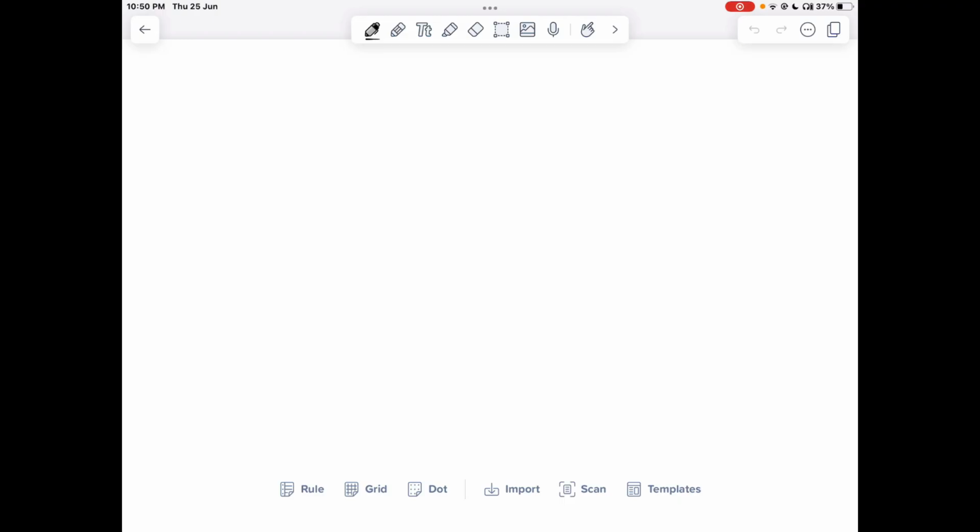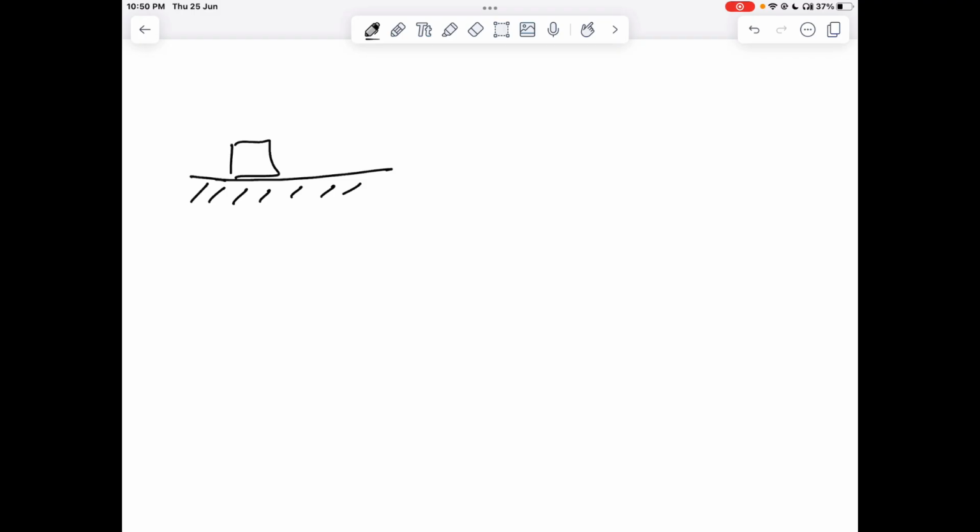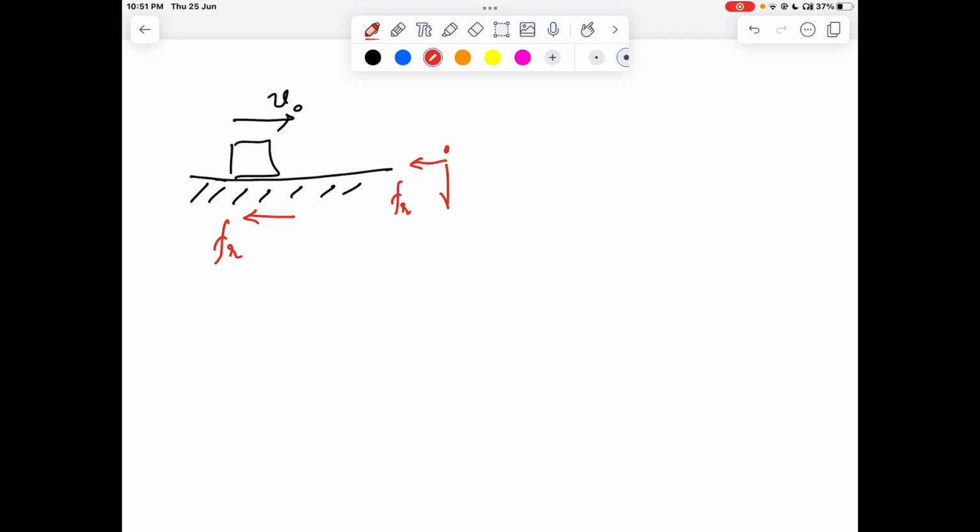Okay, now let's consider an example. So let's consider a body of mass m moving with initial velocity v naught, and let's calculate the work done by the friction force to bring this particle to rest. Okay, so in this case, from Newton's second law, the free body diagram of the particle would say, it's Fr in this direction, we would have mg in this direction, because you would have normal force in this direction.